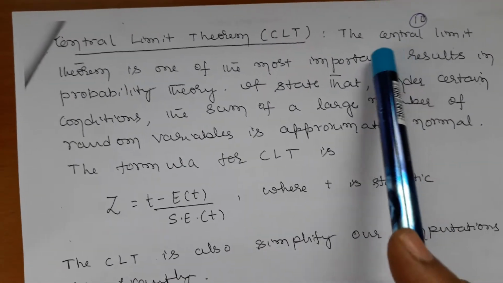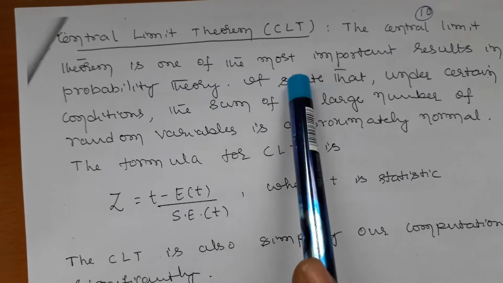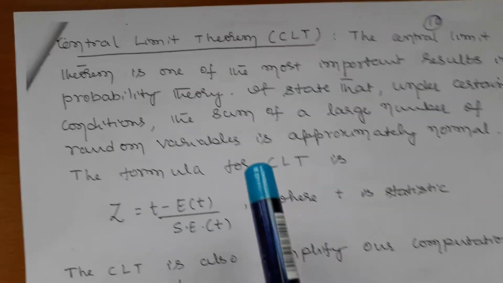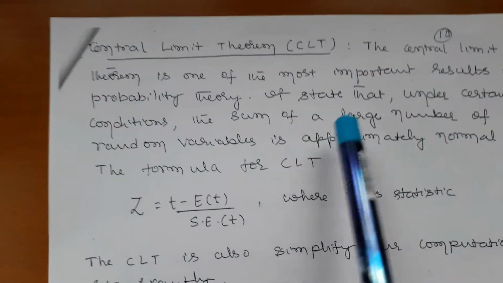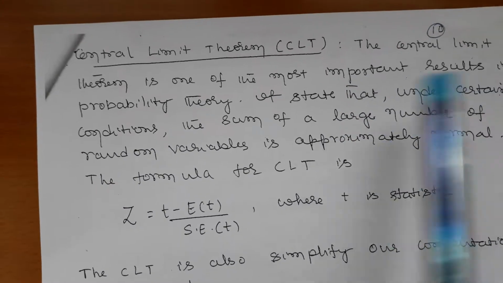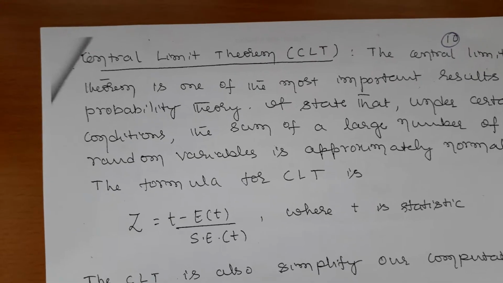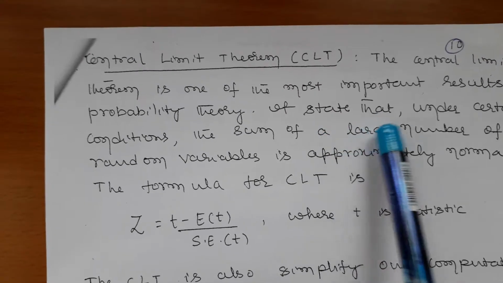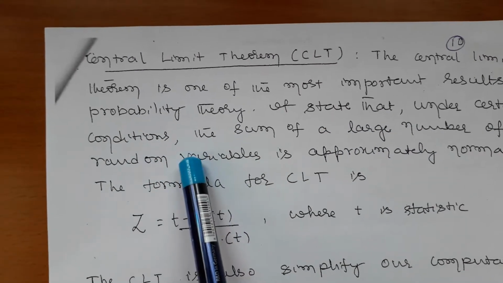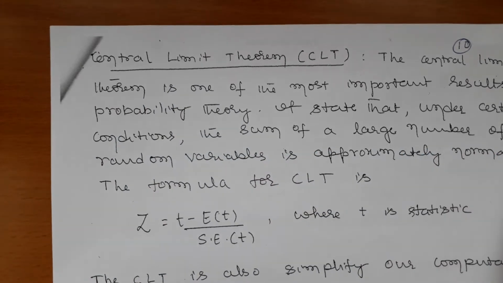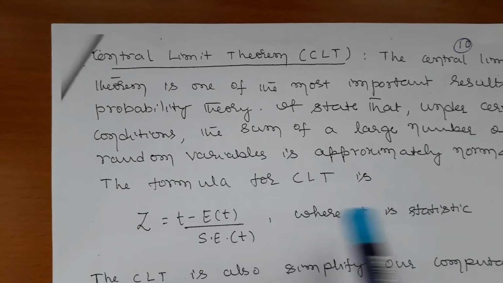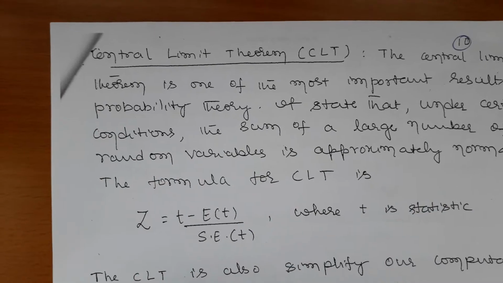The central limit theorem is one of the most important results in probability theory. This is one of the most important formulas in probability theory. It states that under certain conditions the sum of a large number of random variables is approximately normal.